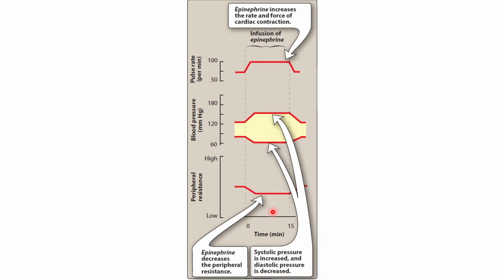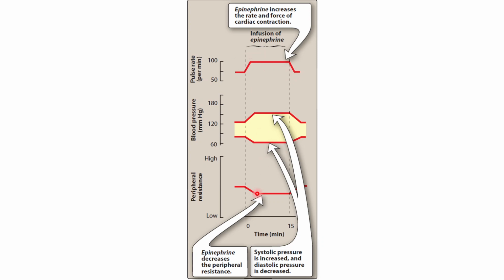And if we look at the effects of the drugs on heart rate, blood pressure, and peripheral vascular resistance, then we can see the difference between epinephrine and norepinephrine. Now I will try to explain why that happens, and that is because of the different affinity to alpha and beta adrenoreceptors.